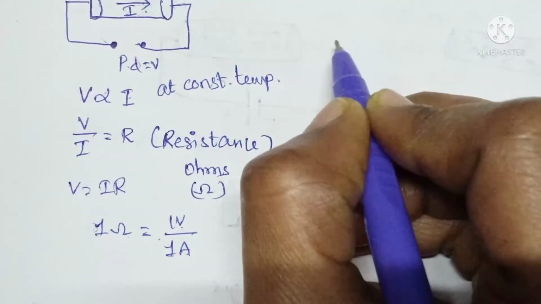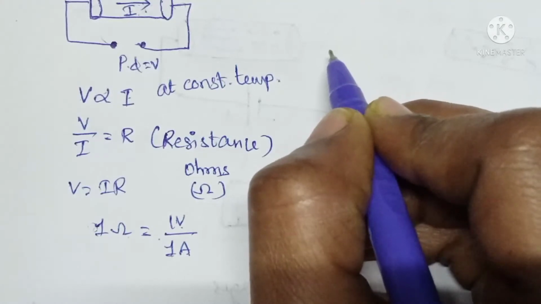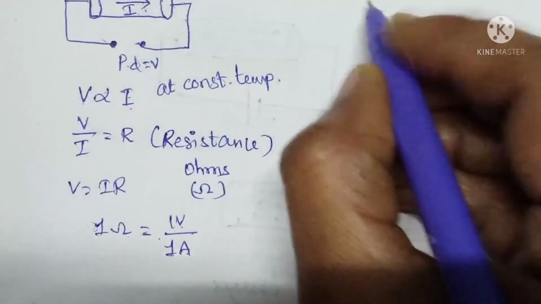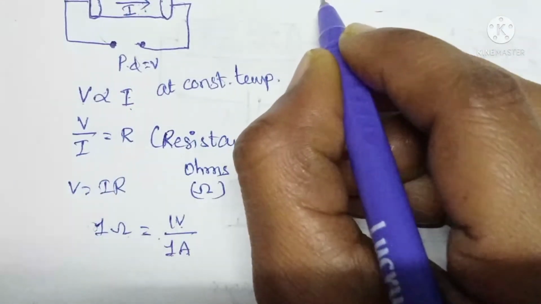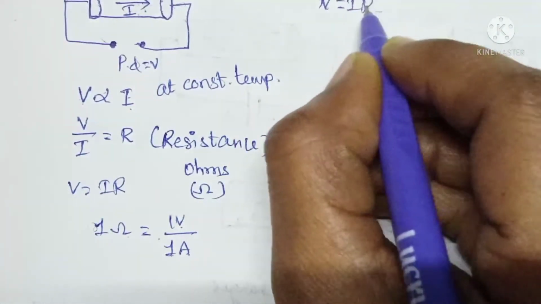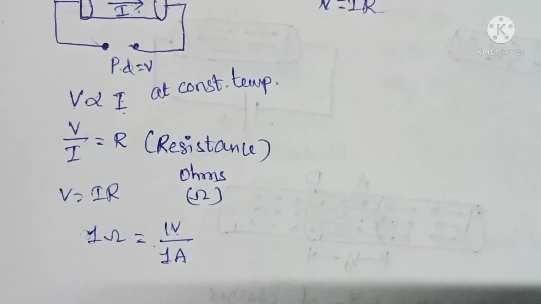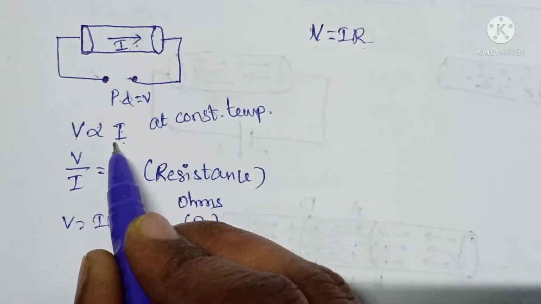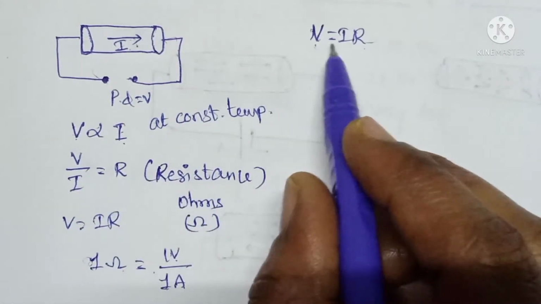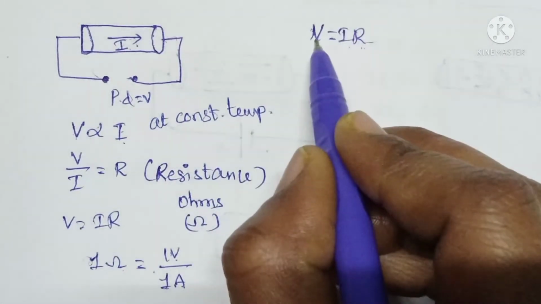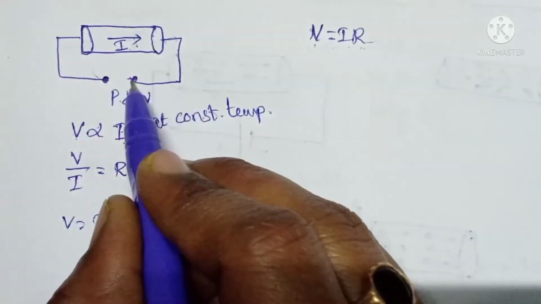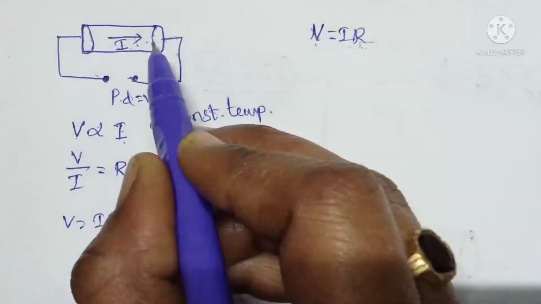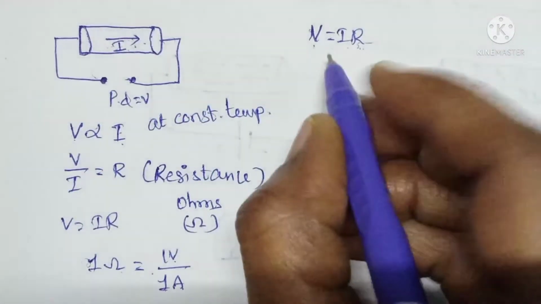Let's see with a numerical example how V is directly proportional to I. We know the relationship V is equal to I into R, where V is the potential difference across the conductor, I is the current flowing through the conductor, and R is the resistance of this conductor.